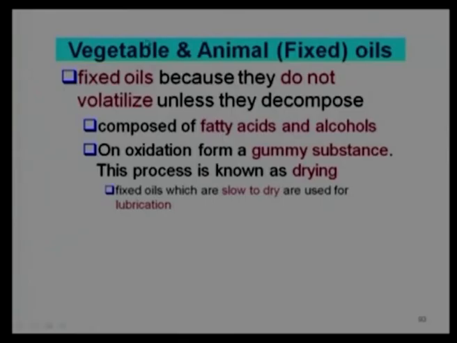Sometimes these vegetable oils and animal oils are known as fixed oils. Reason being, they do not vaporize during the operating conditions. They degrade, they decompose, but they do not vaporize. The volatility is negligible. That is why it is known as a fixed oil.